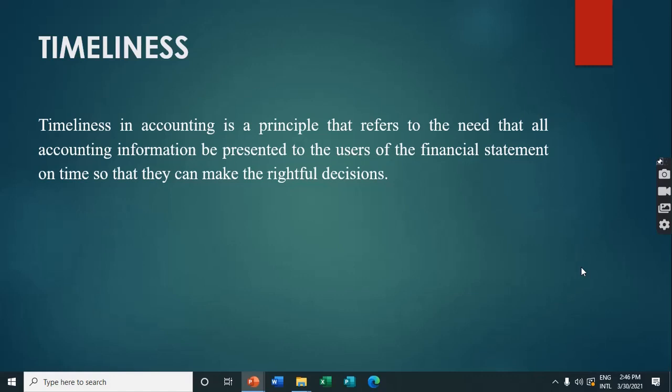Agad natin i-record para maging timely. Because remember, if the transaction are not timely, then the reports are not relevant. Ayan. Para makagawa rin yung management ng right decision for the business or for the organization. So, that is your timeliness principle.